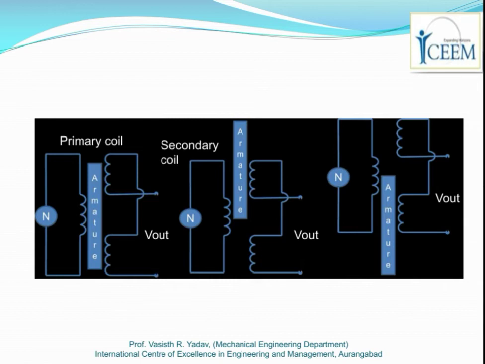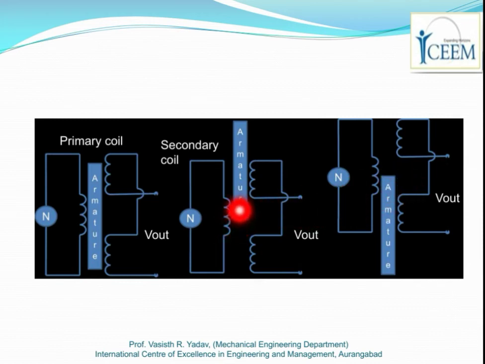Now when that core is at the center of the secondary coils, we get a 0 resultant voltage, and if the core is displaced from the central position, then we will get some voltage. So what principle are we using? Due to the alternating input voltage to the primary coil, an alternating EMF is produced in the secondary coils.